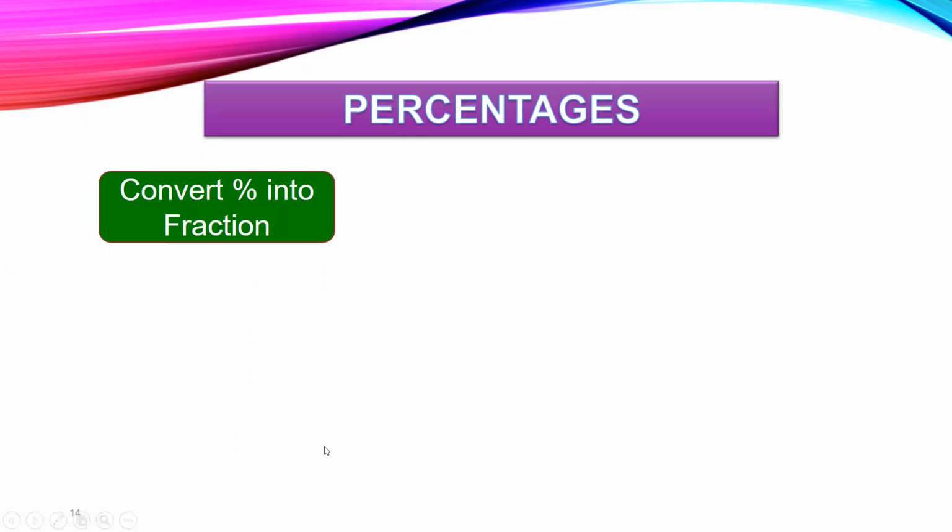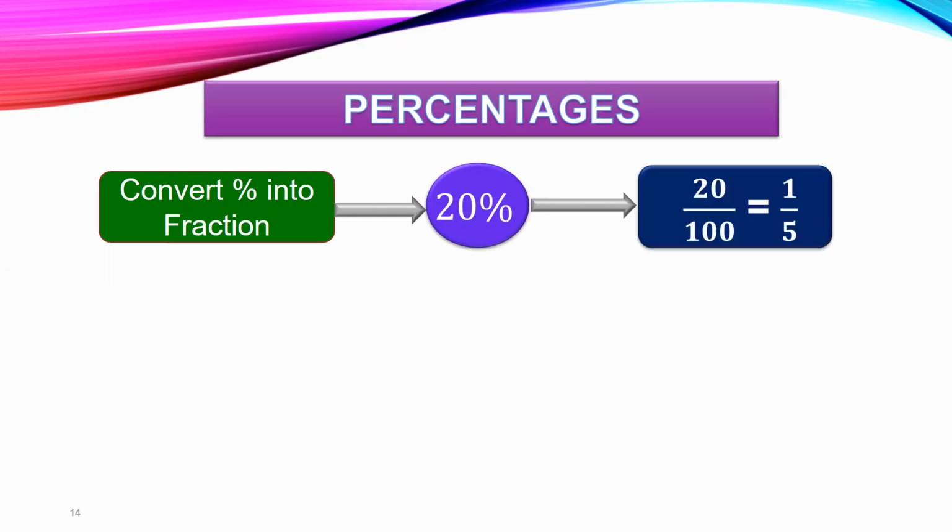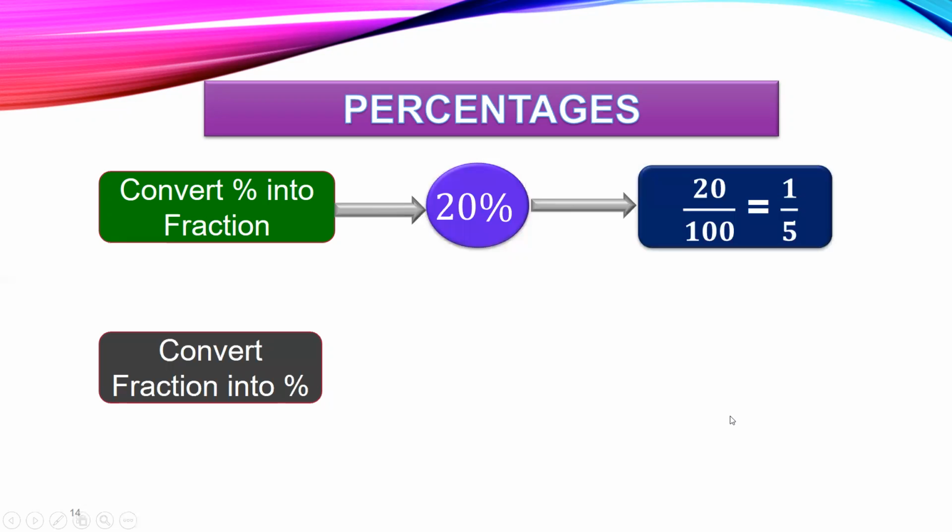So when you say converting the percentage into fraction, take one example. When you say 20%, it's nothing but 20 divided by 100, and that is nothing but 1 by 5. So this is how you convert percentage into fraction. Now next, let's convert a fraction into percentage. When we try to convert a fraction into percentage, what do we have to do?